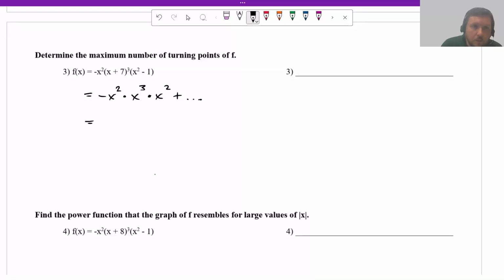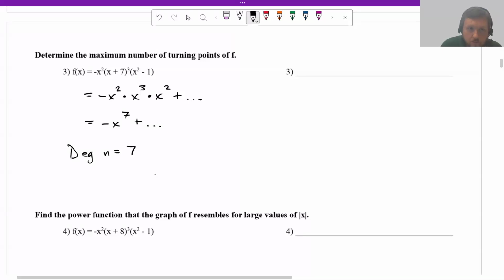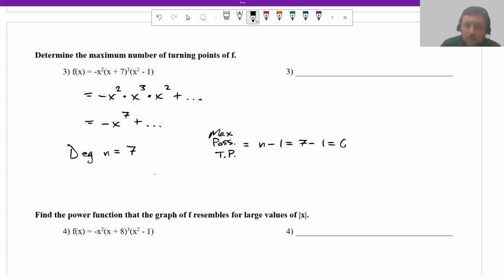So then 2 plus 3 plus 2 is 7. So I have negative x to the 7 plus a bunch of other stuff that we're ignoring. So my degree is n equals 7. And then the maximum possible turning points is equal to n minus 1. So I have 7 minus 1 is 6.